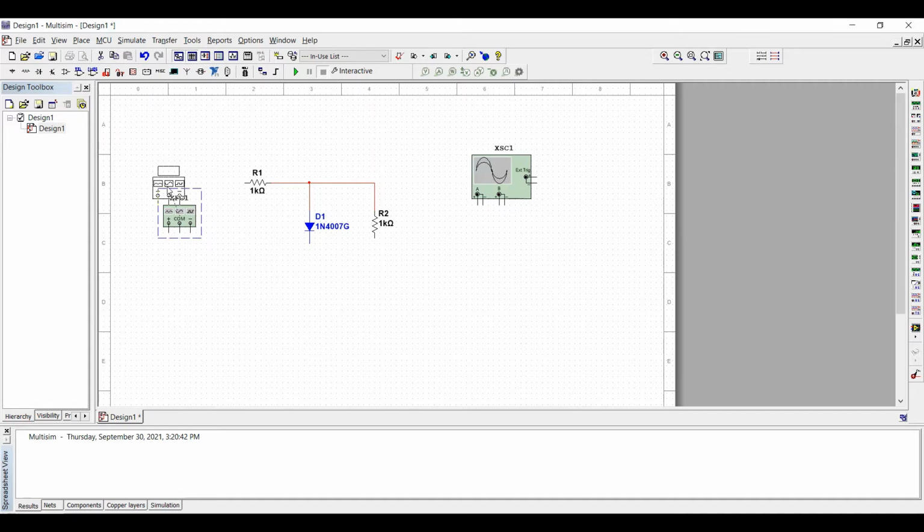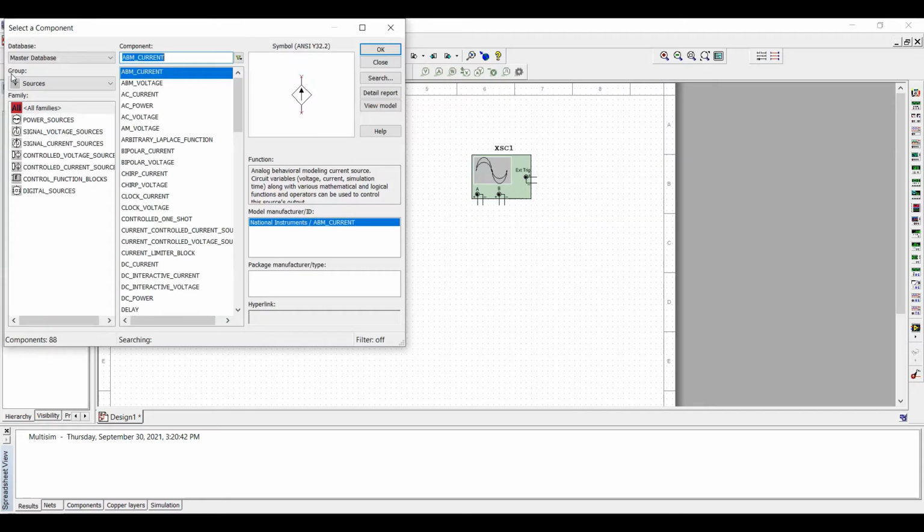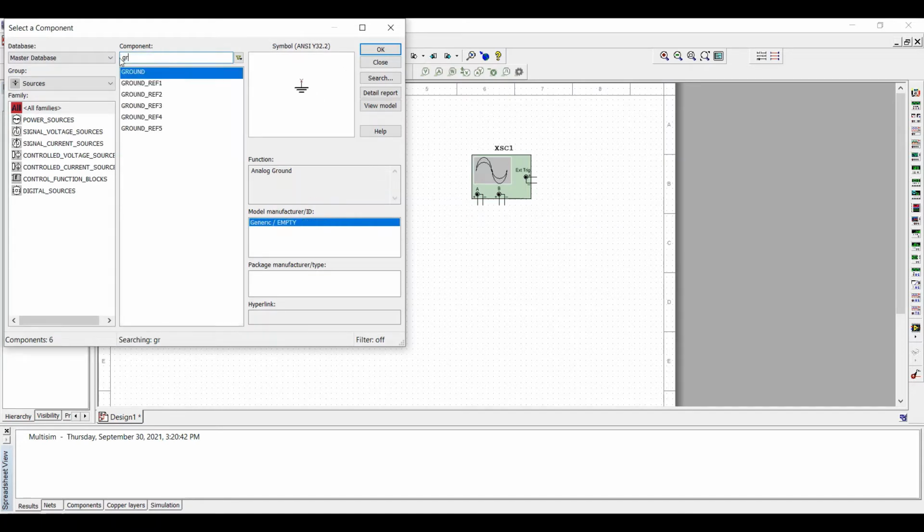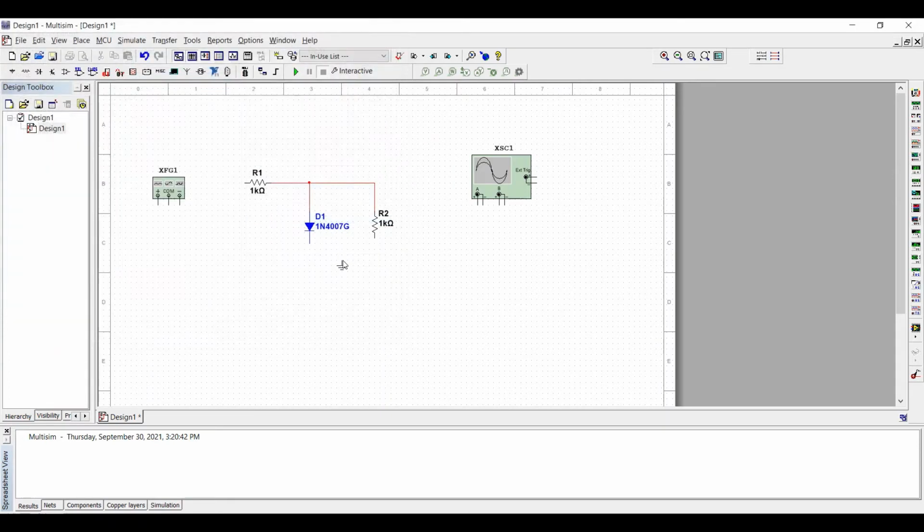Function generator, from function generator we will be giving the input. We also need a ground. So over here is place sources. Click on that, go to component, select your ground, put your ground. You will see the ground, select it and bring it to your layout.